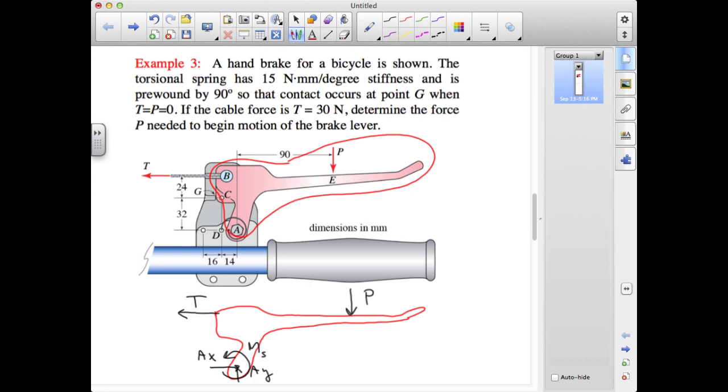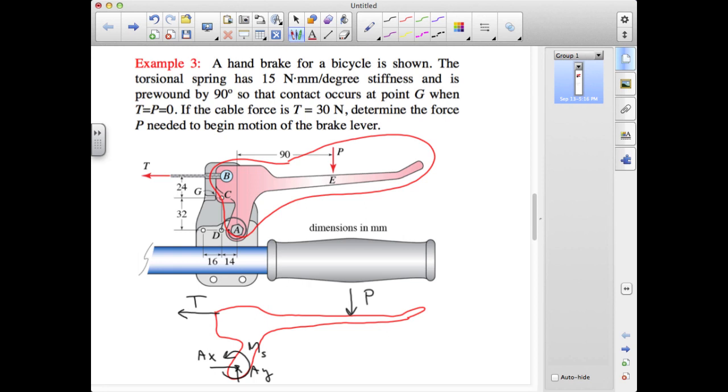We're told that the torsional spring has a 15 Newton millimeter per degree stiffness, and that it's pre-wound by 90 degrees. What that means is that the restoring moment in the configuration that we're shown here is the pre-wound turn of 90 degrees times the spring constant of 15 Newton millimeters per degree.